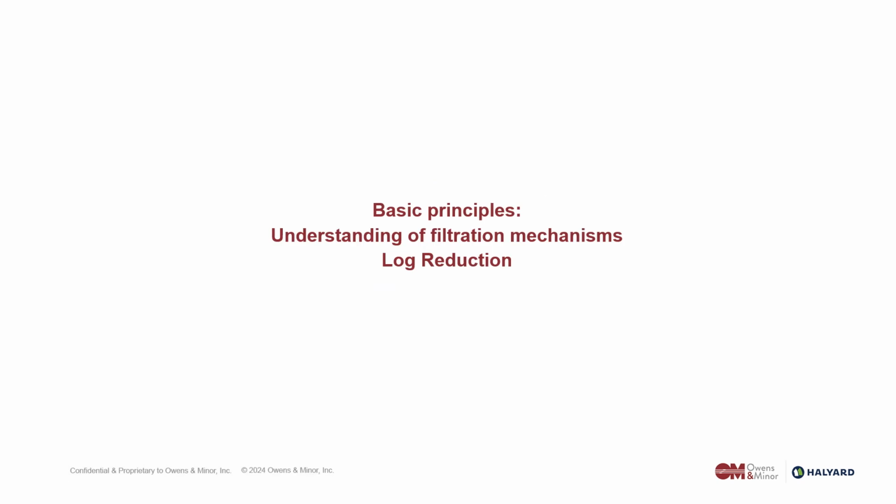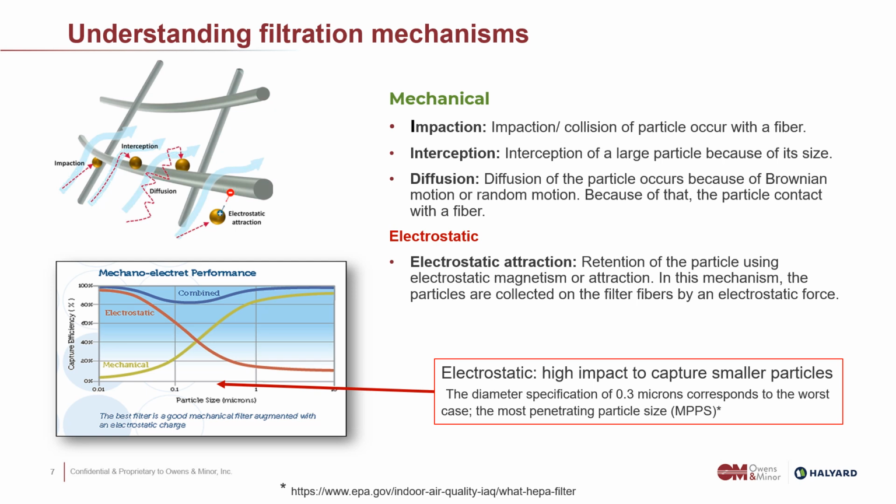Let's go to a couple of other basic principles: the principles of filtration mechanisms and log reduction. We know that our wrap functions as a very good filter, and that is due to mechanical filtration. What this actually means is bacteria is walking around basically on some sort of a particle.